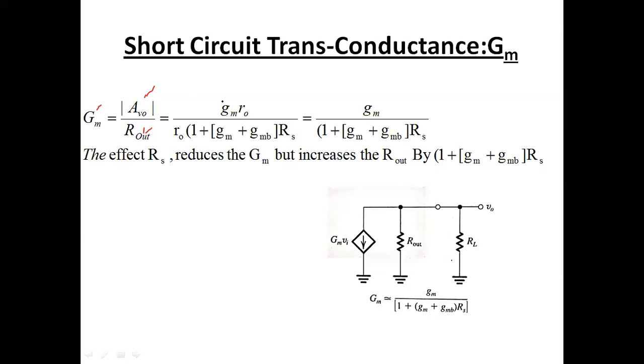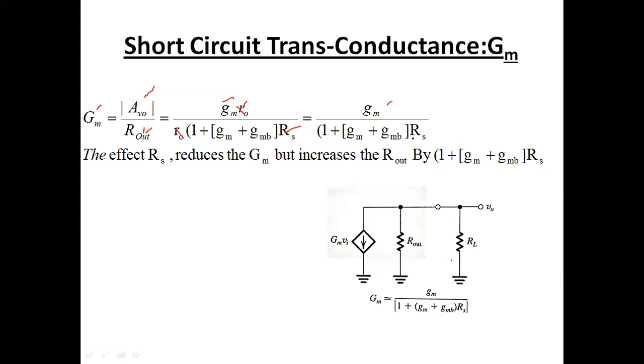AV0, you know, is GM into R0. R out we calculated this expression, so R0 in the numerator and R0 in the denominator get cancelled. Finally we'll get GM divided by 1 plus GM plus GMB into RS.